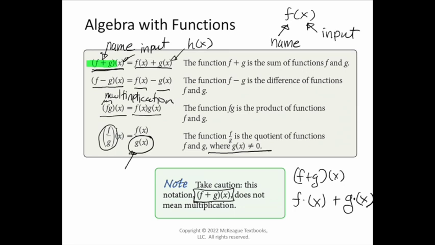If you take the function and multiply it by x, all your exponents for the x's are going to go up by 1, and it's going to give you a different function. Same thing with this. This notation does not mean to distribute. It means you're adding 2 functions together, and this x is just the input. It doesn't mean to multiply by x.